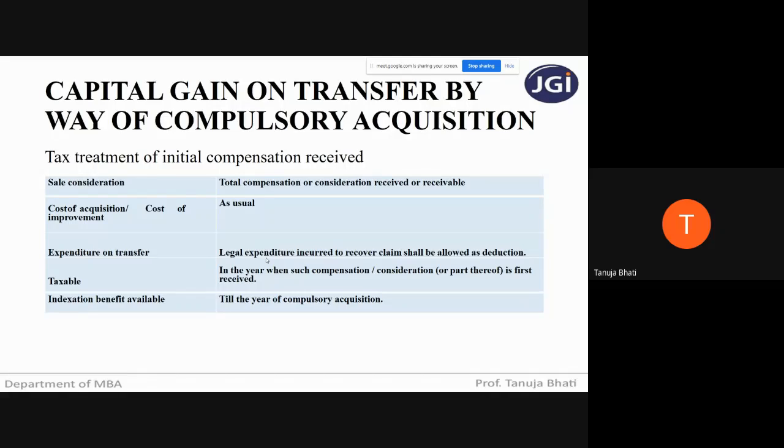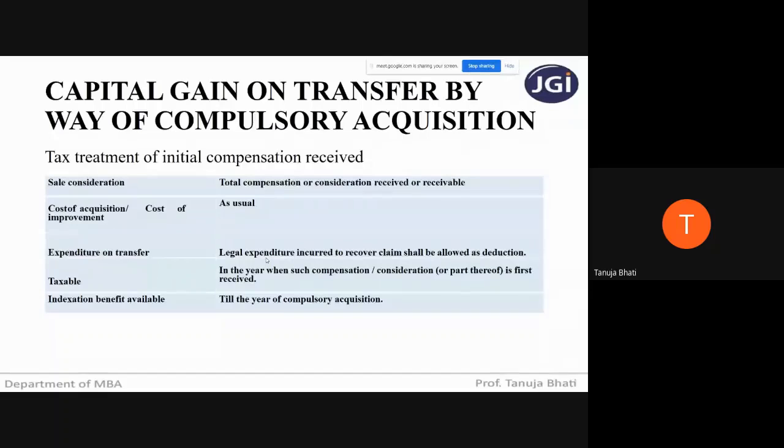That extra compensation is nothing but enhanced compensation. So I go to the court and file a case saying that I want an increase in the amount of compensation that has been given. Such compensation is called enhanced compensation. When you're asking for more than the compensation that you're receiving, it is called enhanced compensation.